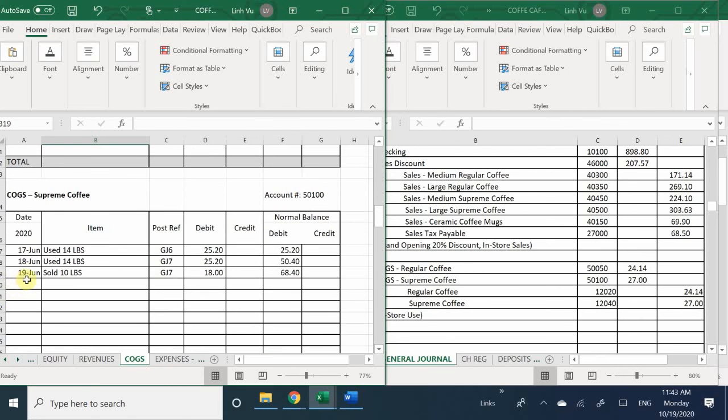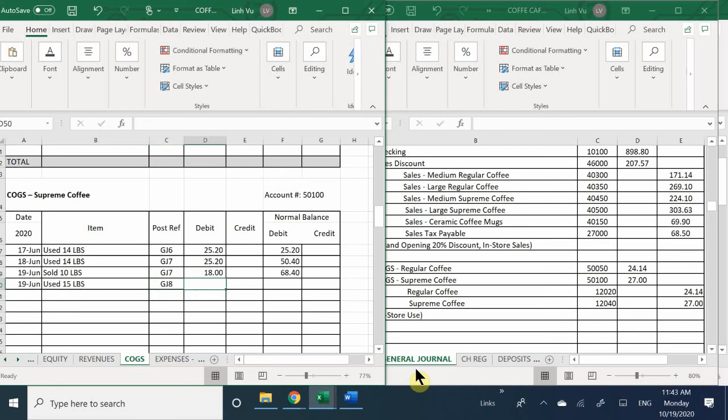Okay, so here is the cost of goods sold for Supreme Coffee. $6.19. How many pounds did I use? Okay, so I used another 15 LBS. Okay. General journal number 8. Okay.